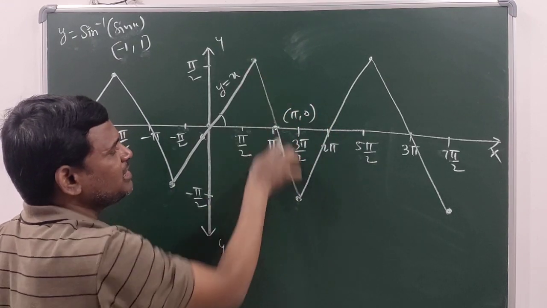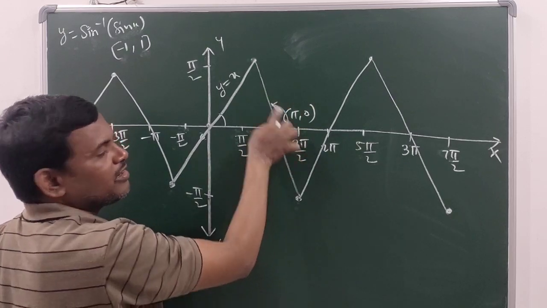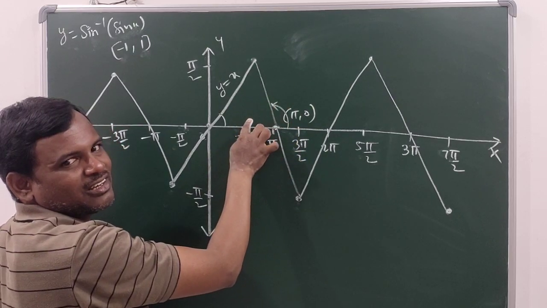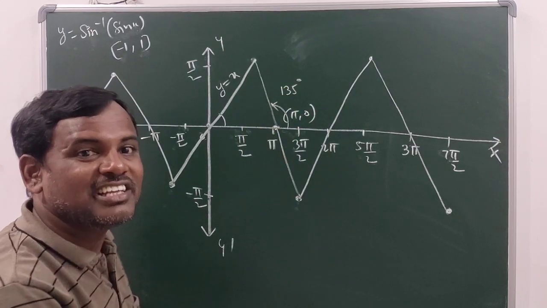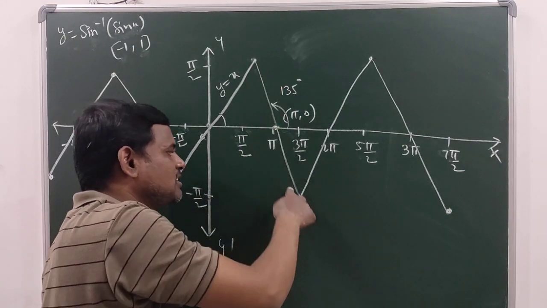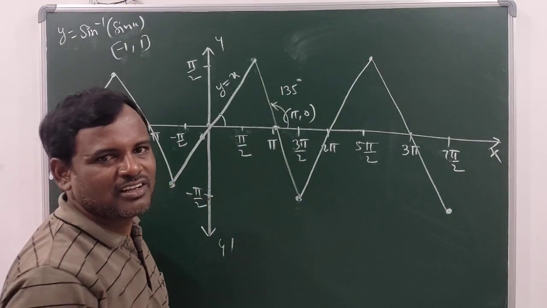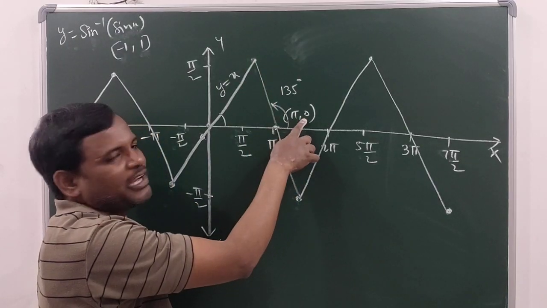And this line is making how much angle with the x-axis? 135 degrees. You know tan 135 degrees is minus 1. So the slope of this line is minus 1, and it passes through (pi, 0).